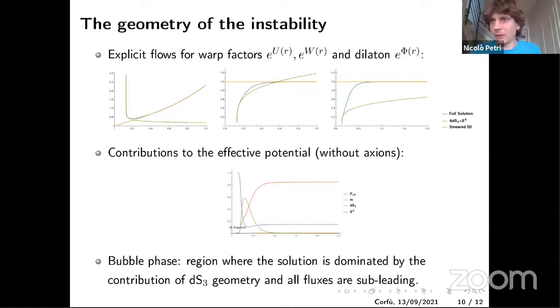Just to give you an idea of our unpublished results, the first 3 plots represent the warp factors of the metric, U and W, and the third is the dilaton. We have the orange line and the green line representing respectively the AdS4 vacuum and the smeared D2. And as we see in all 3 plots, the two extremal behaviors, the IR and the UV, the curve matches perfectly.